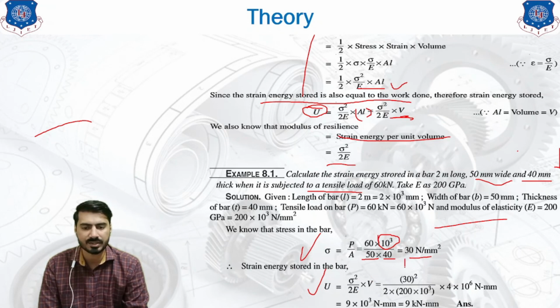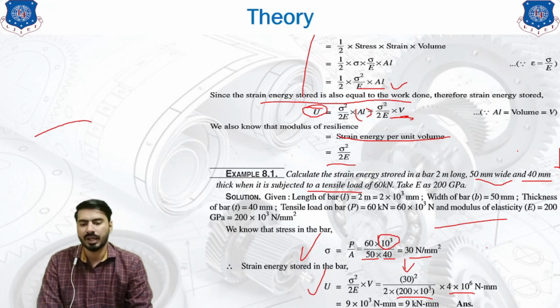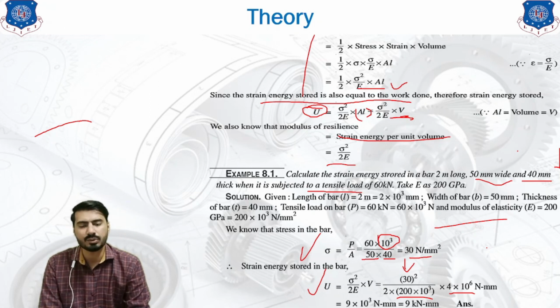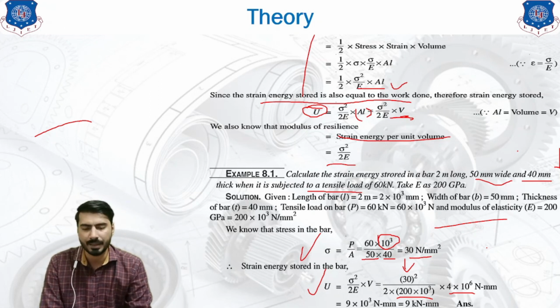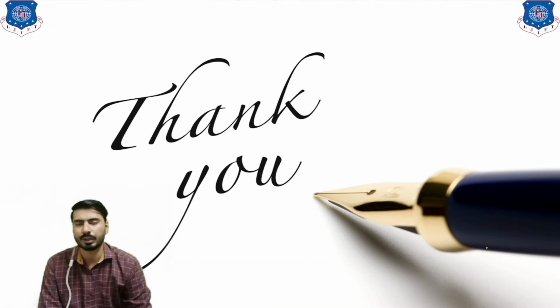Instead of sigma square, we write 30 squared, instead of 2E we insert the value from the given data, and the volume is 4 into 10⁶. We calculate the volume by multiplying the length, width and thickness. Simplify this and the final answer comes out to be 9 into 10⁻³ Newton into mm, or 9 kilonewton into mm. So this is how we complete our example.